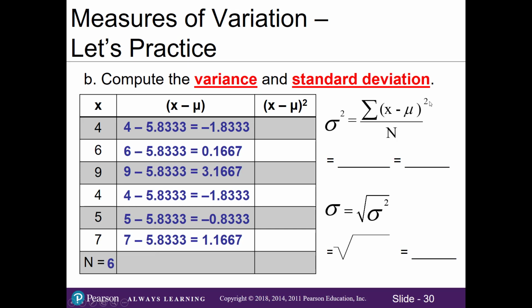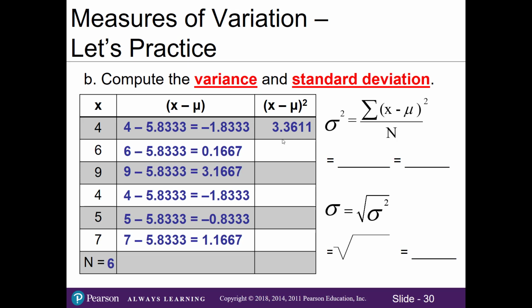Then the next step is to work with our exponents. So we'll take the numbers from this column here and we'll square each one. So that's what this part of the formula right here reminds us to do. So I'm going to take the negative 1.8333 and square it, and I get 3.3611. Note, if you're using a calculator or Excel, you might have slightly different numbers due to rounding or where you decide to cut off.